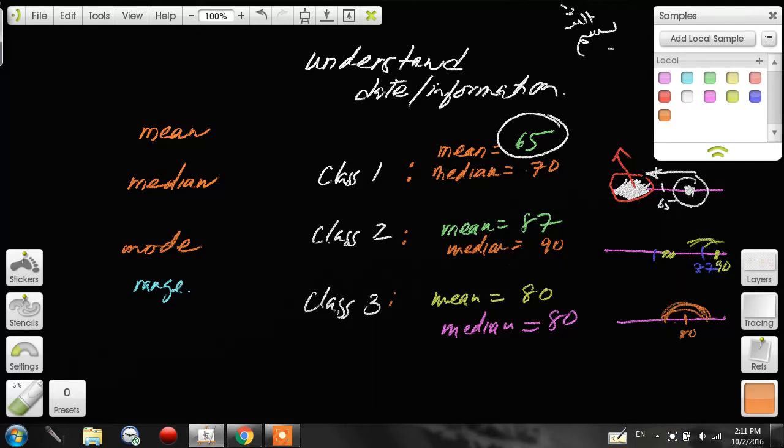But now look. The mode would be the most common number. So look, the mean is this, the median is this, and I would say the mode is 30.